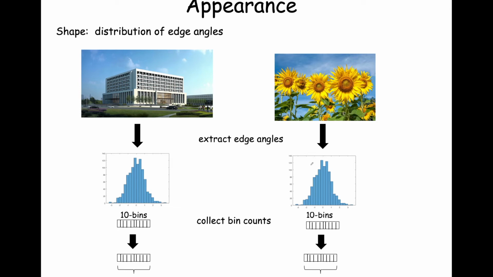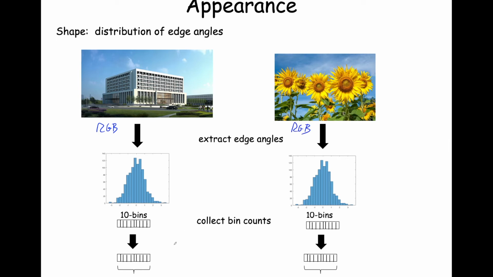And so likewise, we compute the derivative with respect to x, the derivative with respect to y for the sunflower image, and then we take the edge map representing the edges, and then we compute 10 bins. Now, of course, if you're doing the edge map, color is not important, so you'd first convert to grayscale for the building image and grayscale for the sunflower image.